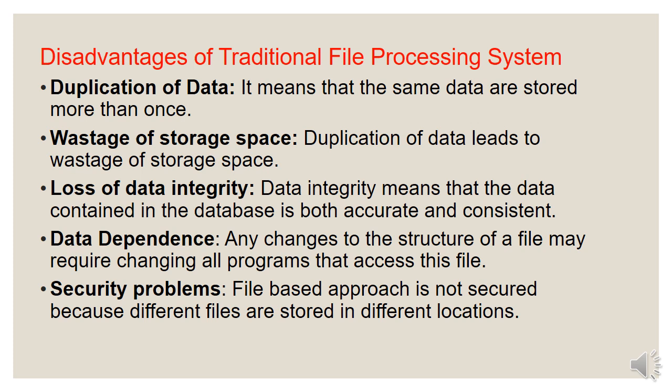But traditional file processing system also has a number of disadvantages that we are going to discuss right now. For example, when you keep data or information by using this method, some data should be duplicated. So here is data duplication.